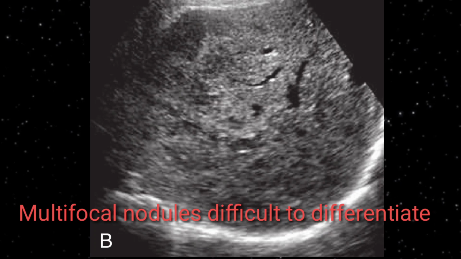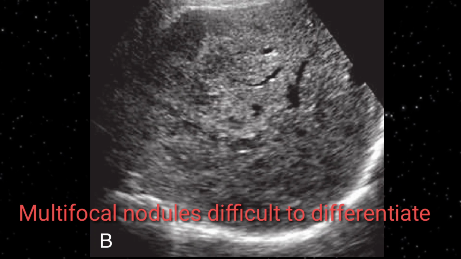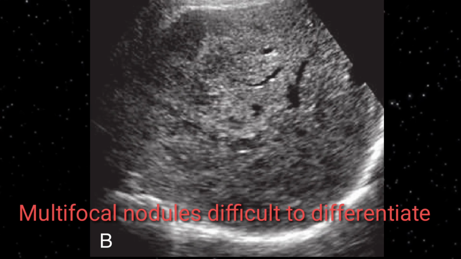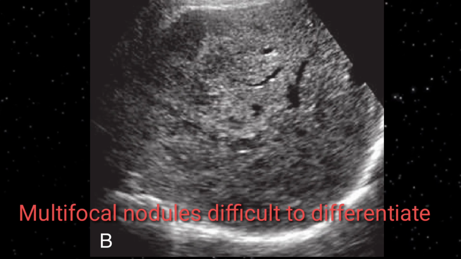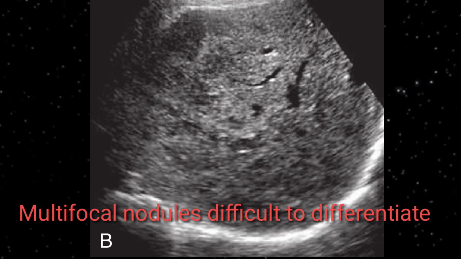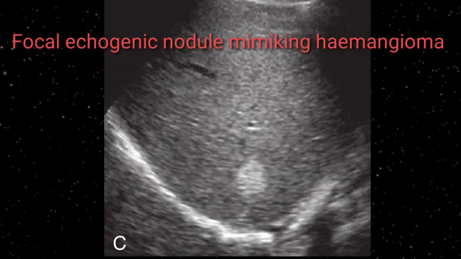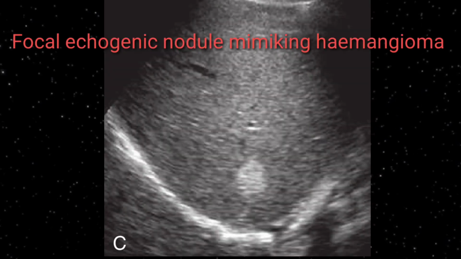But still, this weird look will attract his attention that something is wrong with this liver. This type of presentation develops even at the start of cirrhosis and requires a contrast enhanced CT scan to identify its malignant potential.